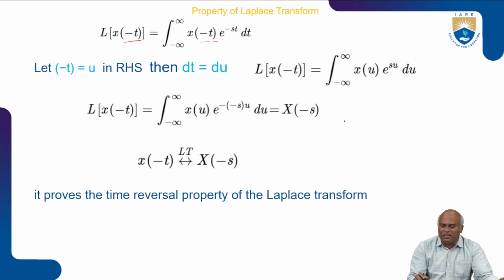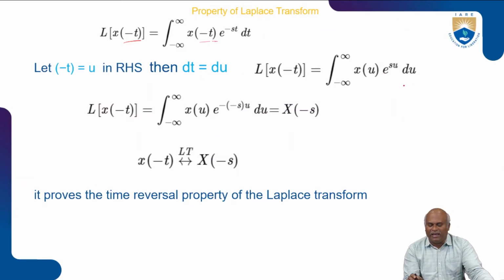So the Laplace transform of x(-t) equals the integral from minus infinity to plus infinity of x(u), where the t in the exponent is represented as minus u. The minus and minus cancel, and dt equals du.